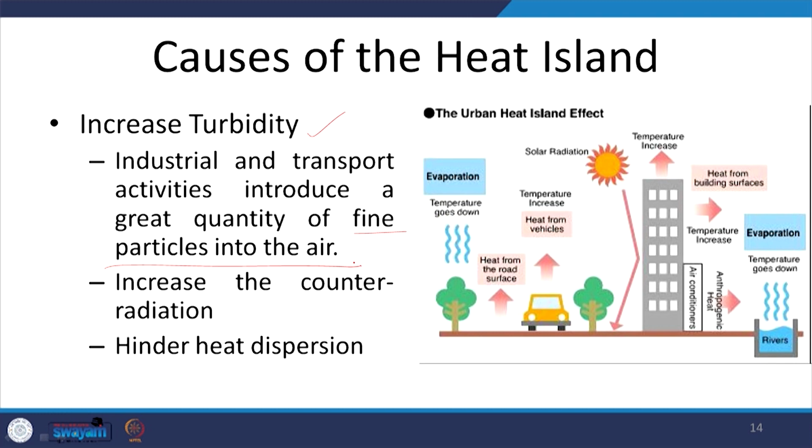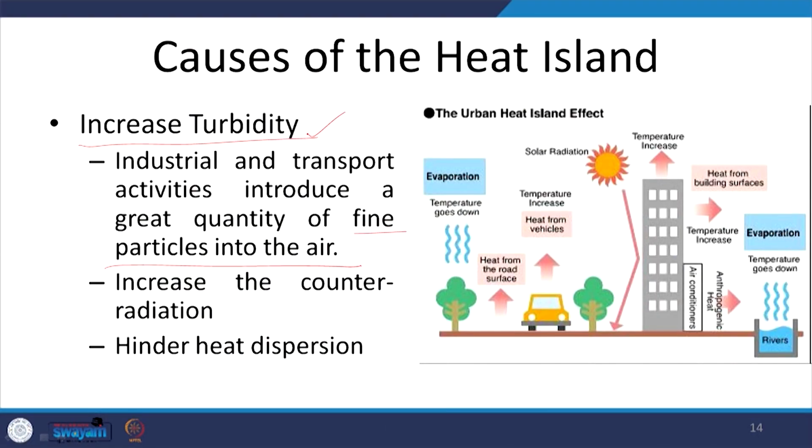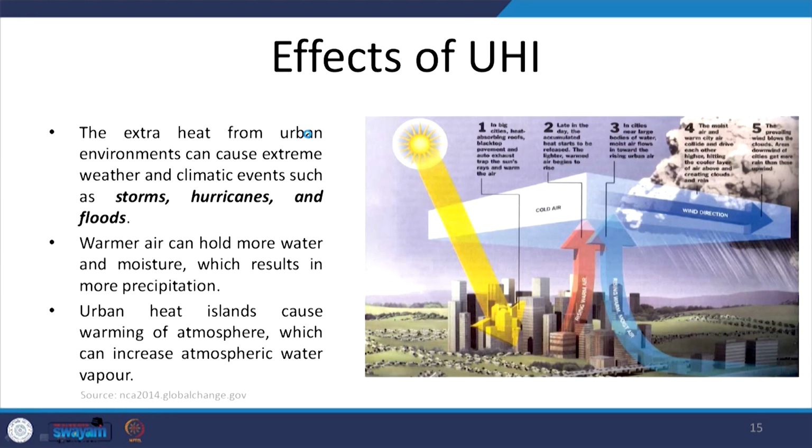If we go from a city or an urban area to a rural area, we would see that the suspended particles suddenly disappear. So, there is less dust, there are fewer suspended particles when we go from urban to rural, and this increased turbidity, presence of the suspended particles, is a major cause for this urban heat island.